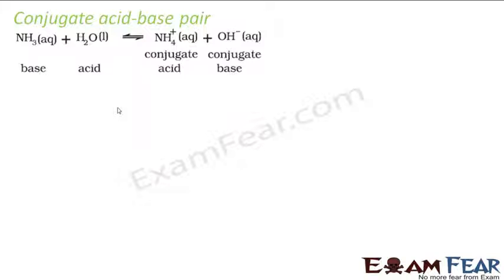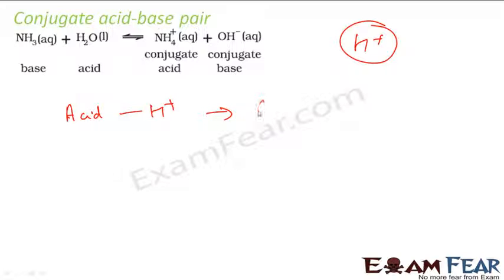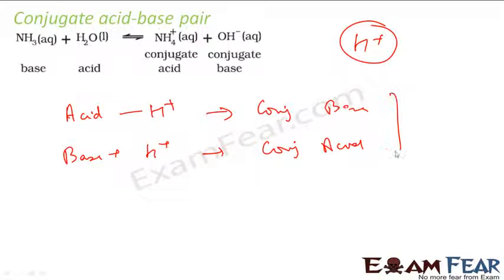Let's talk more about conjugate acid base pairs. As I told, they differ only by an H plus ion. So an acid will anyway give H plus, so what you get is the conjugate base. A base will obviously take H plus, then it will become the conjugate acid, right?